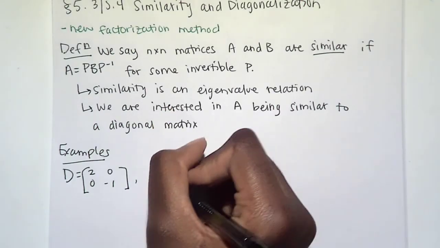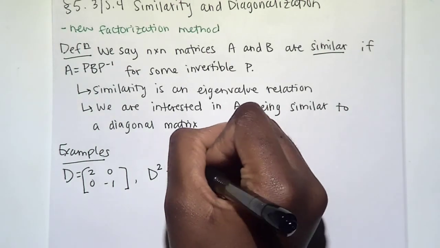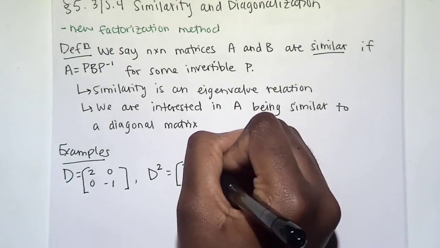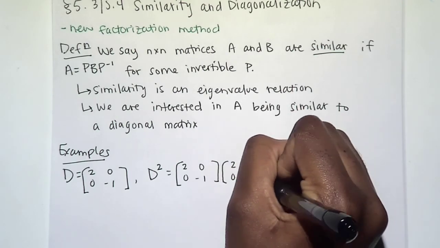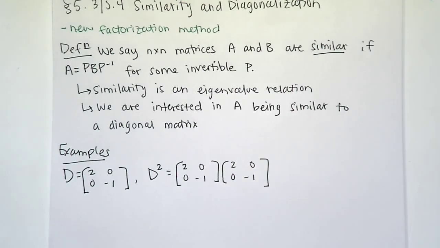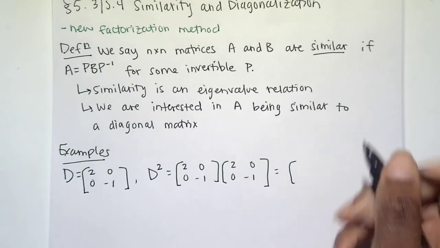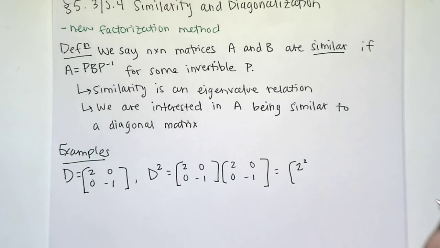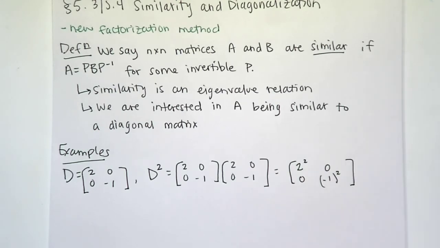All right, what if we wanted to square this diagonal matrix? Squaring something just means multiplying by itself, so I'm going to write this matrix twice. As we know, matrix multiplication can be pretty tedious, but nice things happen when we have a diagonal matrix. The result we get is actually going to be 2 squared, 0, 0, negative 1 squared, which is very convenient.